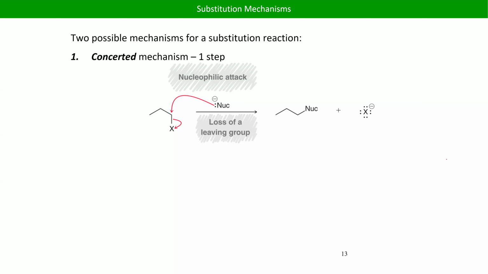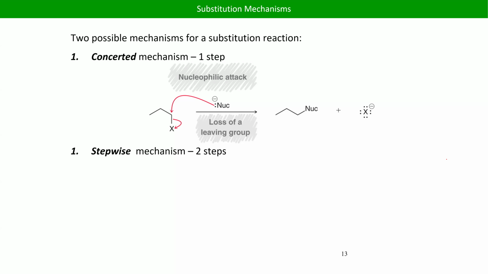The second way that this can happen, though, is what's called the stepwise mechanism. If there are two steps that have to happen, there are two possible ways to do it. You can do both steps at the same time, or you can do one then the other. The concerted is when it happens at the same time.